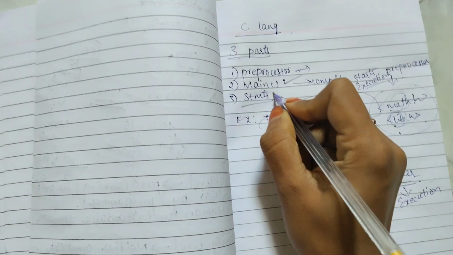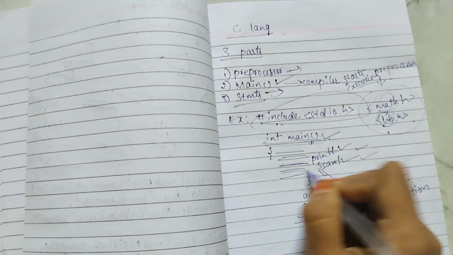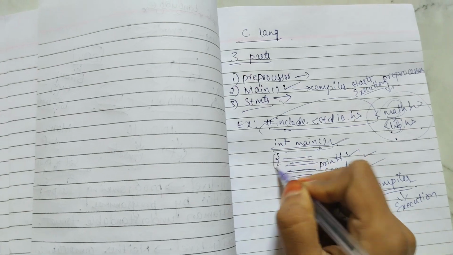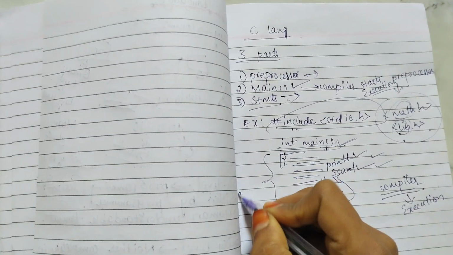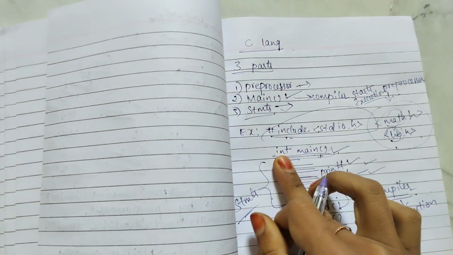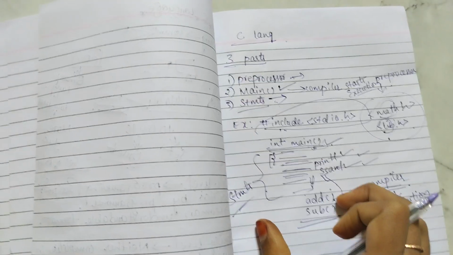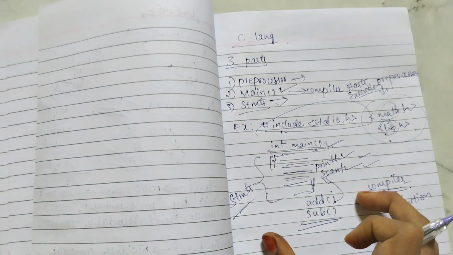Again, one more thing, we have statements. Whatever we write inside the main function, those are statements. Clear? If you understood this much, then you can easily understand the structure of a program.